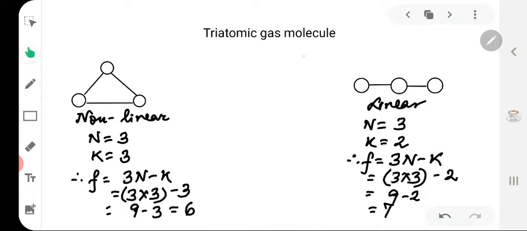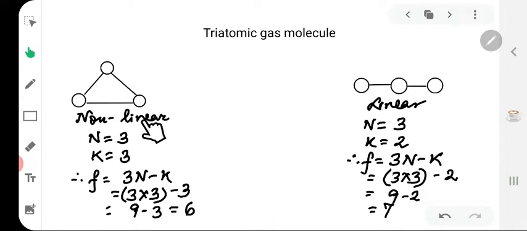Coming to triatomic gas molecule. Obviously the number of particles in this molecule is 3. So 1, 2 and 3. Now there may be two different kinds of arrangements. This is a non-linear arrangement and this is a linear arrangement.